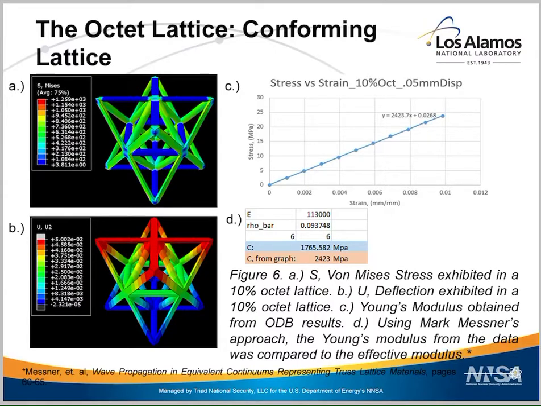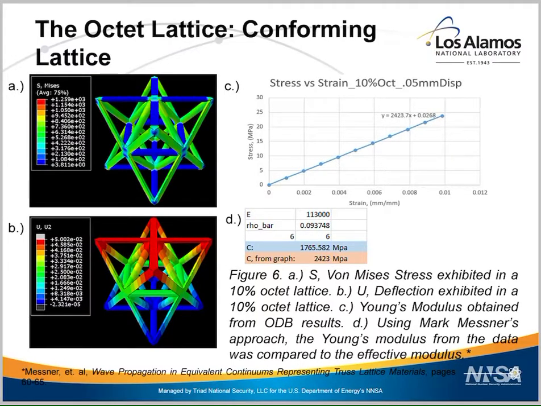In this slide, I am showing my most updated findings in a 10% relative density octet conforming unit lattice cell. What is shown here is a continuum model, similar to Messner et al.'s unit lattice cell approach, where the outer struts are cut in half such that symmetrical boundary conditions are applied to these faces.